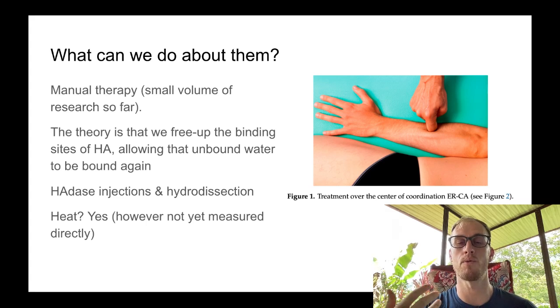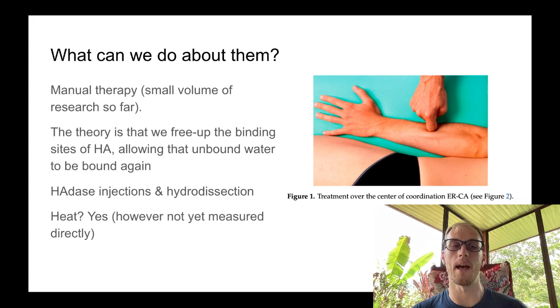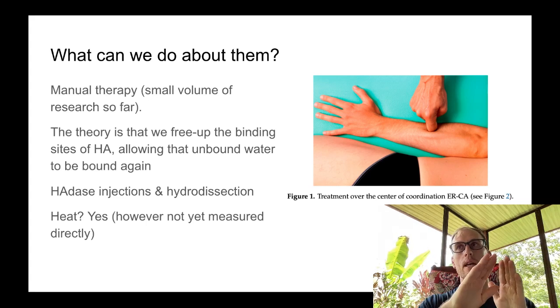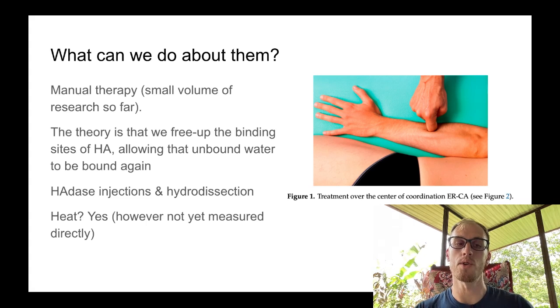Because what we've seen with the handful of studies that have been done on the release of our densifications is an application of what's been termed fascial manipulation. In the research, it will often be abbreviated to FM, okay? So you might start to see that showing up as well.